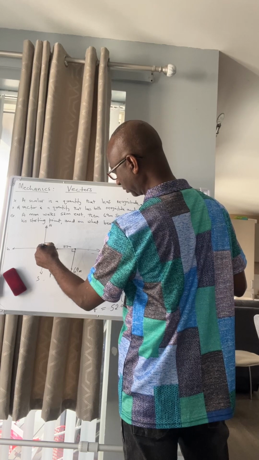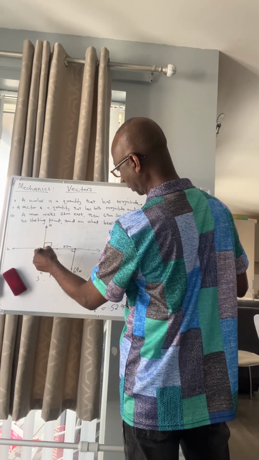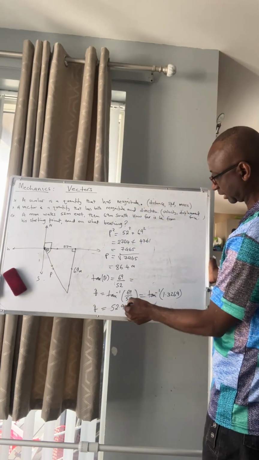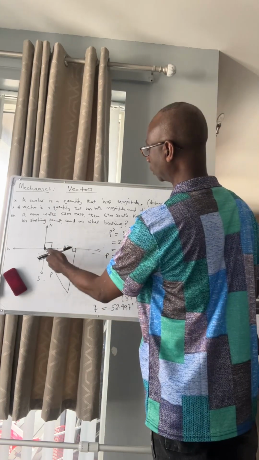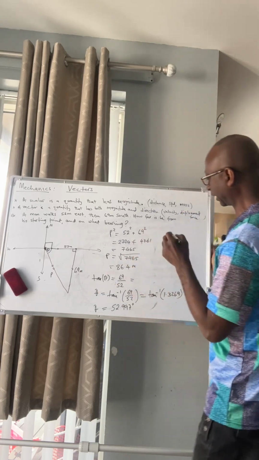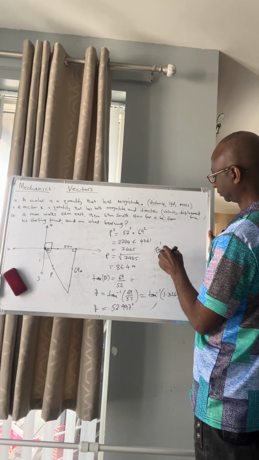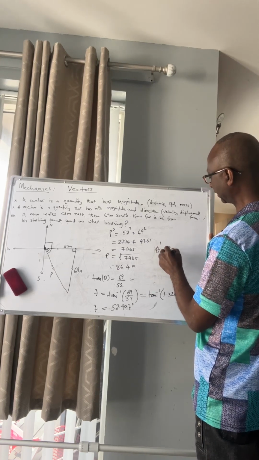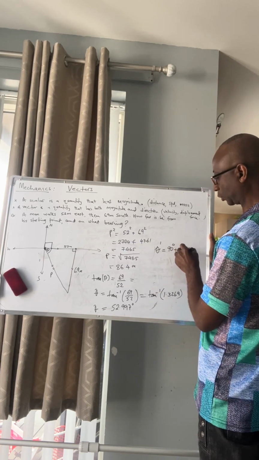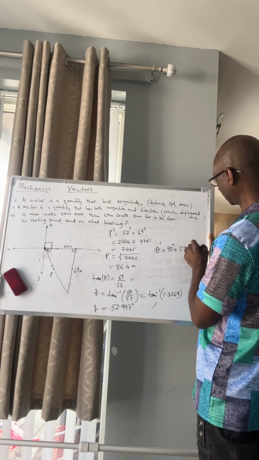This is 90 degrees. Then you have plus this one here, what you have just found, 52.997. So the final bearing they ask us to calculate, let me call it theta dash, is going to be 90 degrees plus the angle we got, 52.997 degrees.